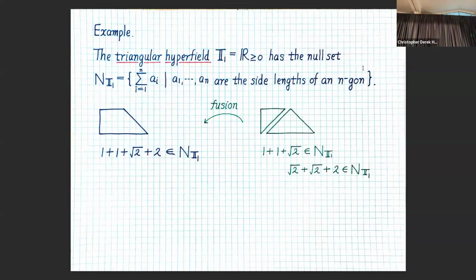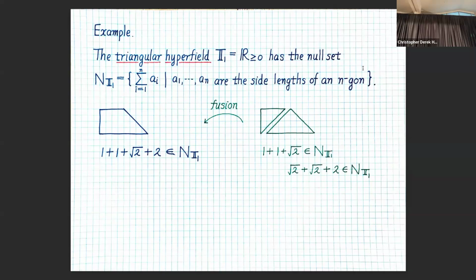And our object from yesterday, the triangular hyperfield, you can think of it as a tract on the non-negative real numbers where a sum of elements is null exactly when A1 to An are the side lengths of an n-gon in the plane. So this is some linear inequalities between the Ai.